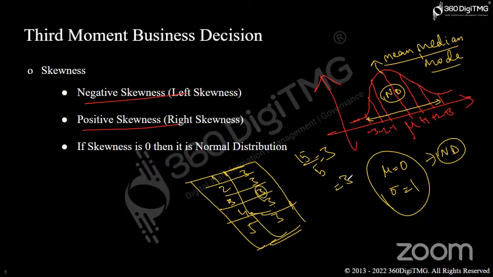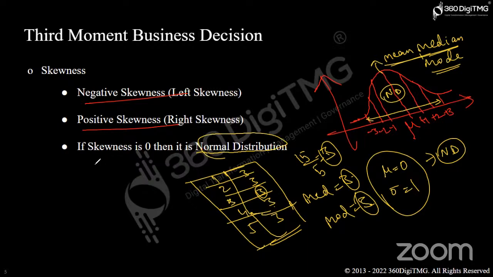So the center element is 3. And what is mode? The number that is repeated. So this is median, and this is mode. So 3, 3, 3. Everything will be the same. So it will be in the center portion where mean, median, mode will be the same. So this is considered to be normal distribution.